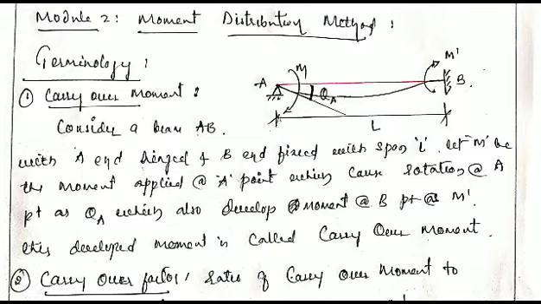Let us assume that M dash is the moment developed in joint B due to the applied moment at A. This developed moment M dash at joint B is called the carryover moment, because joint B is carrying some of the moment due to the moment applied at joint A. So carryover means some of the moment is carried by the far end support due to the moment applied at this joint, and the far end should be a fixed support so that it will carry a moment.